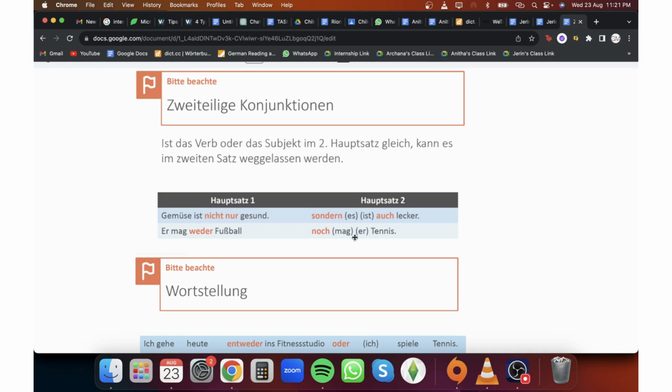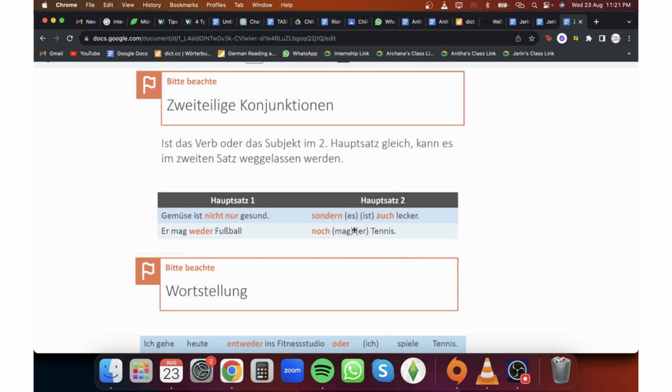Similarly, we have weder noch. Here also, second position. But when we come to the second sentence, when we write with noch, we have to write with the subject and the verb if you wish to. You can also omit it out. Like he likes neither football nor does he like tennis. Or I can say he likes football nor tennis. Both are correct. So you can omit mag and er.